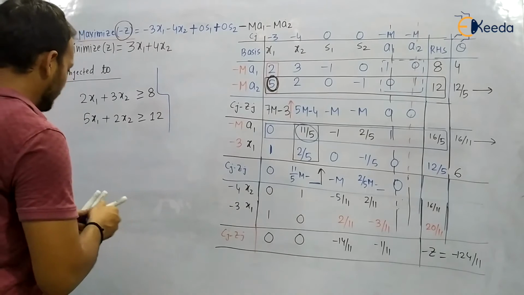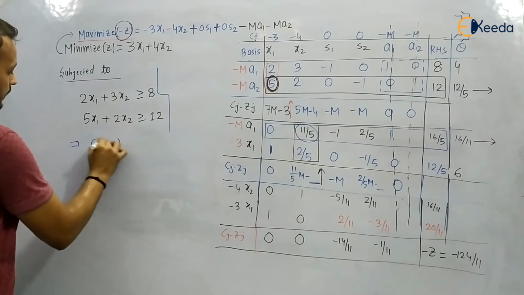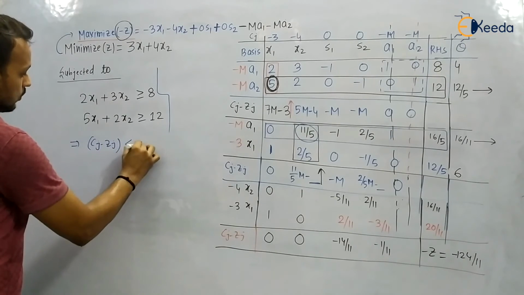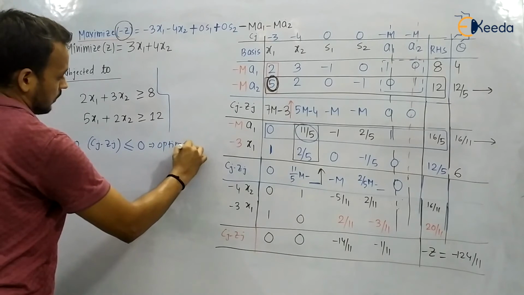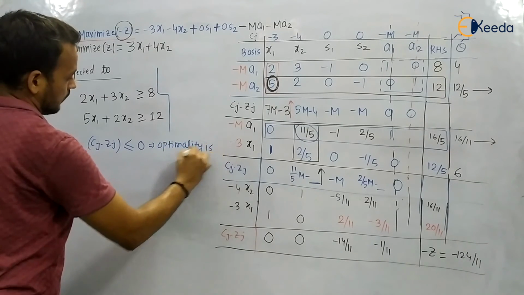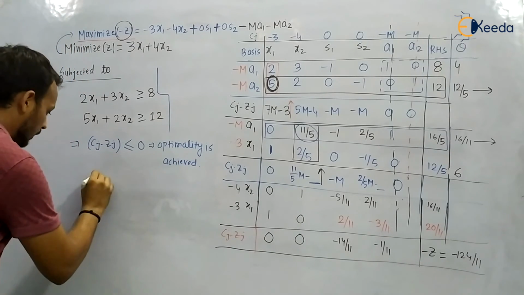Okay, so we can see that optimality has been achieved. You can say that Cj minus Zj is either less than or equal to 0 or 0. So optimality is achieved. Okay, and what is the value of minus Z?